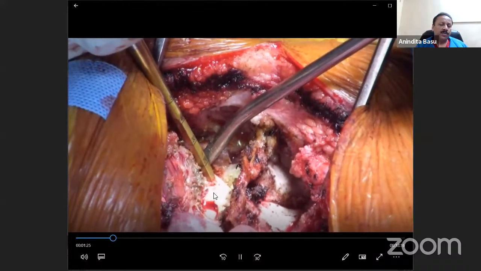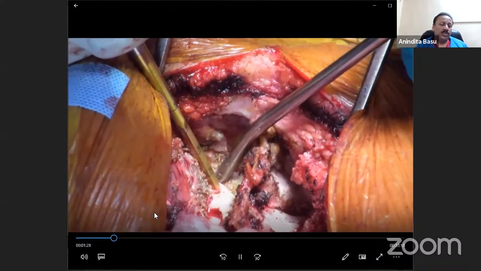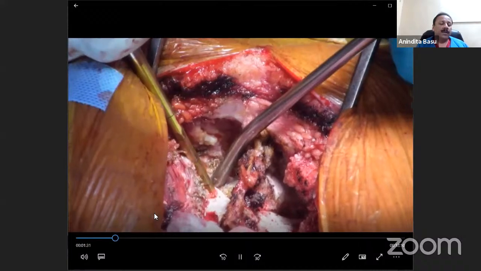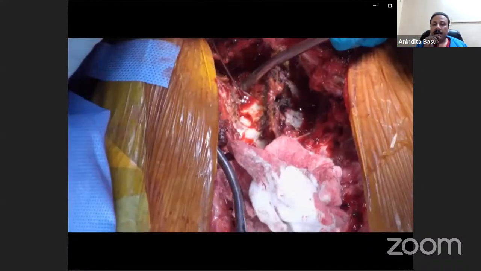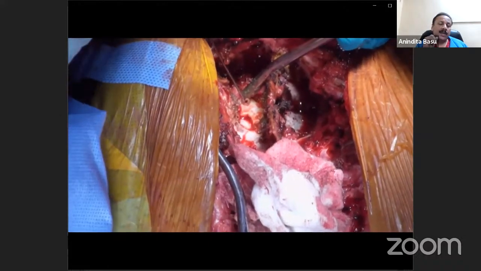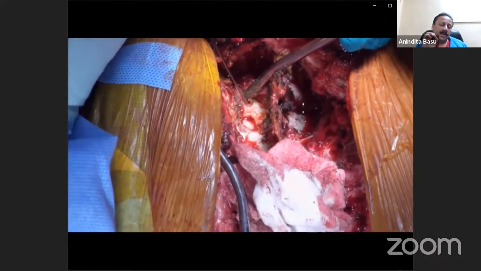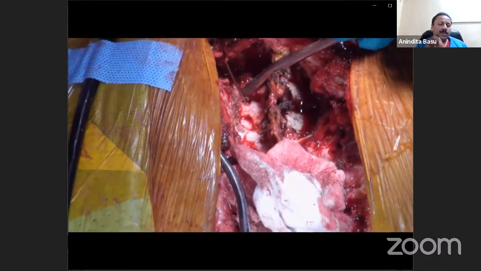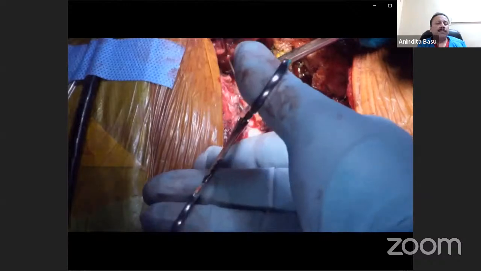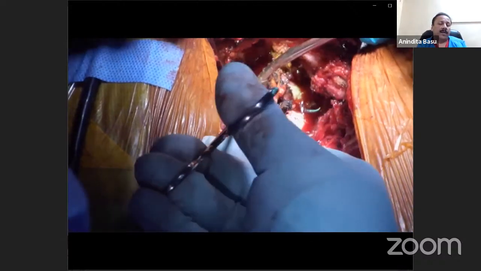And once we put in the awl, I probe it with my ball probe, and then I put in a cannulated tap. I put in the guide wire of the cannulated tap into the felt part of the probe, and then I put the screw in.